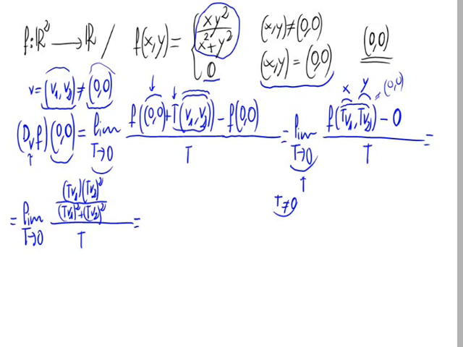So this would be the limit when t approaches 0 of, on the numerator, t times v1 times t squared times v2 squared, and the denominator would be t squared v1 squared plus t squared times v2 squared, and the denominator of it, that is t.